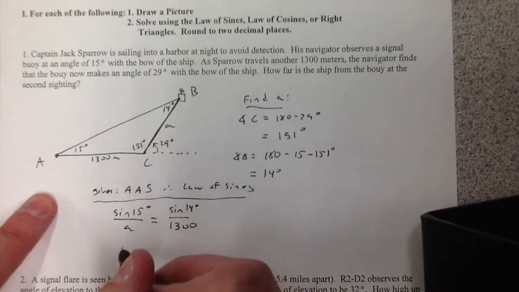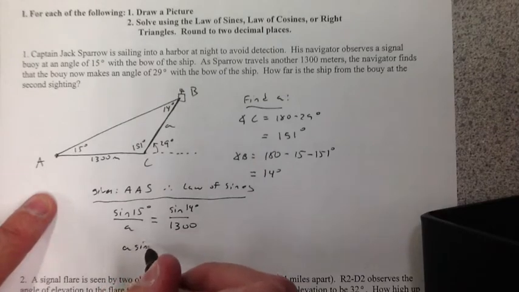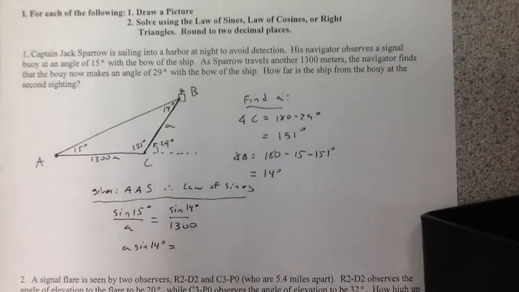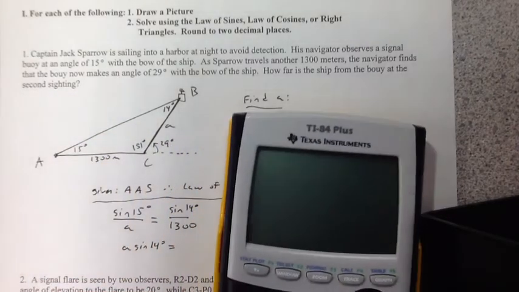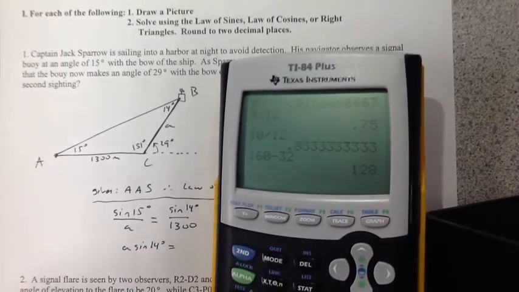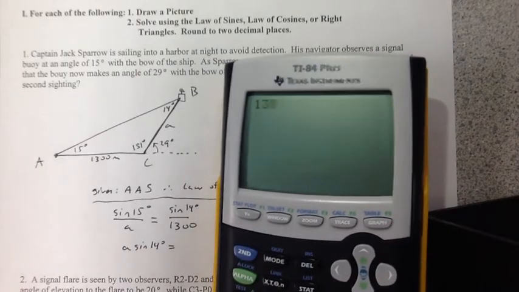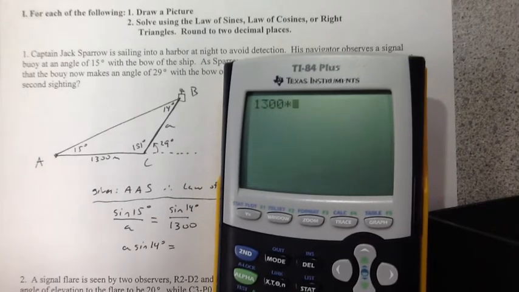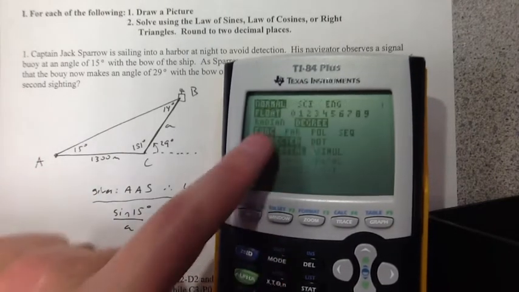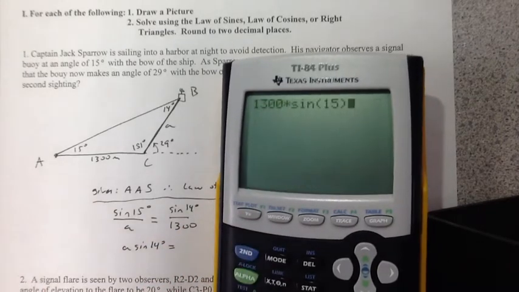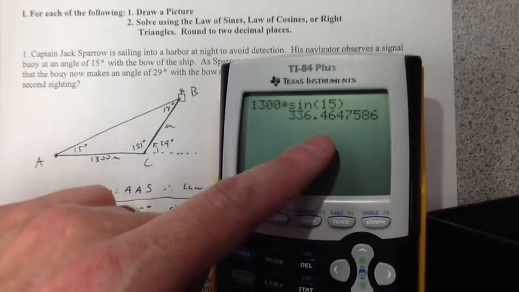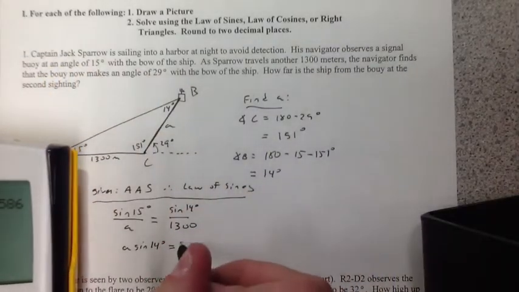Cross multiply, we get a sine 14 degrees equals, use your calculator, you're going to multiply 1,300, there's my calculator. We're going to take this 1,300, multiply that by the sine of 15. Now, before I go any further, make sure I'm in the right mode. I'm in degree mode. Hit enter, and we get 336.465.